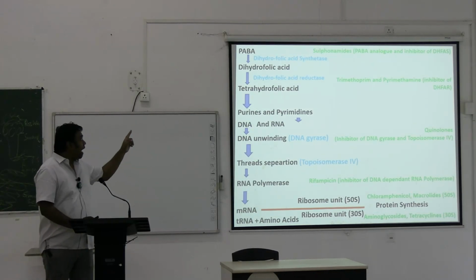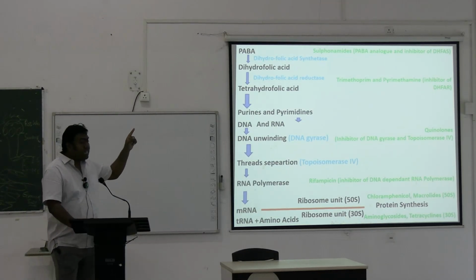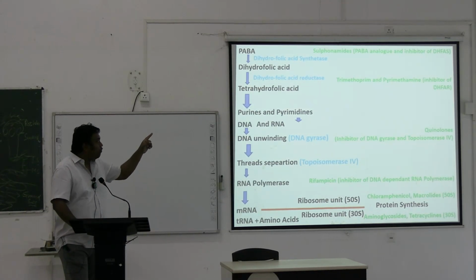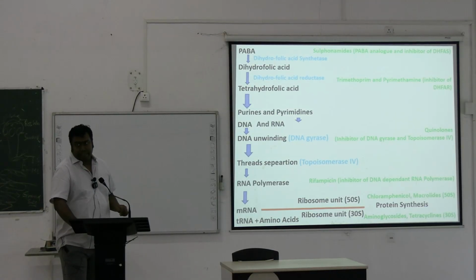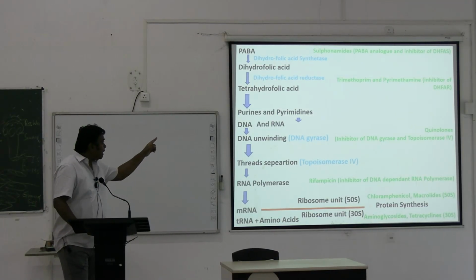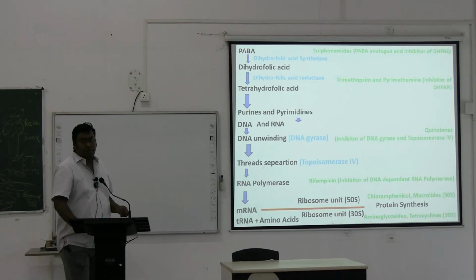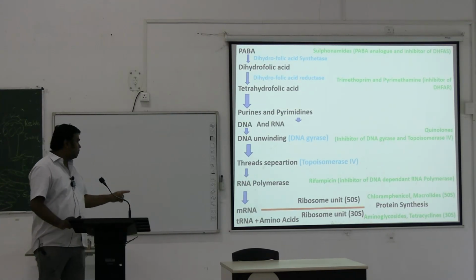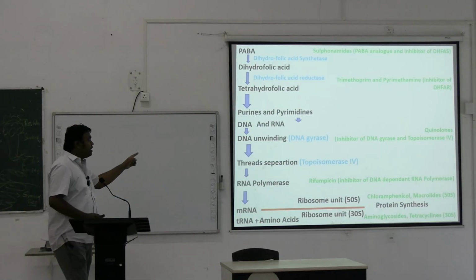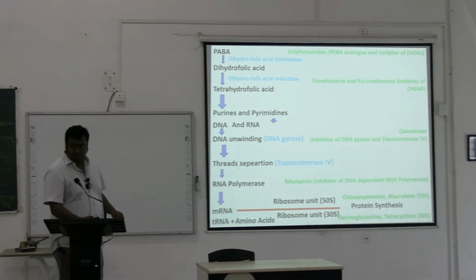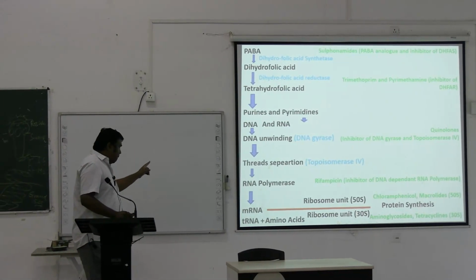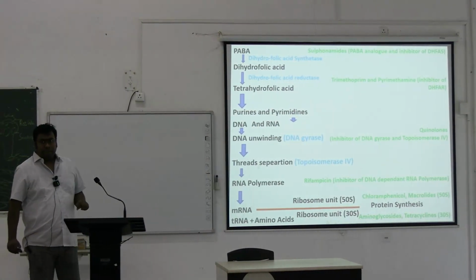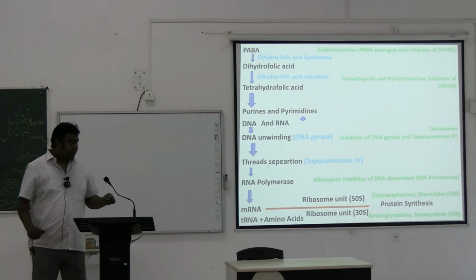So for first, sulfonamide, they act on PABA analogs and inhibitor of dihydrofolate synthetase. For reductase, it is trimethoprim and pyrimethamine. Quinolones inhibit DNA gyrase and topoisomerase 4. Rifampicin inhibits RNA polymerase.